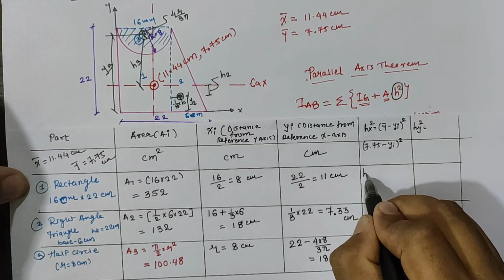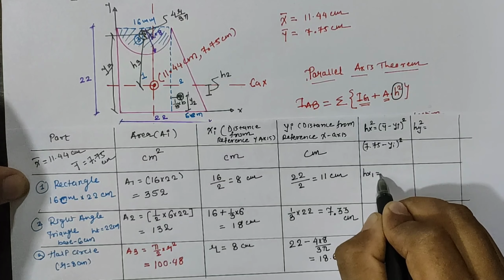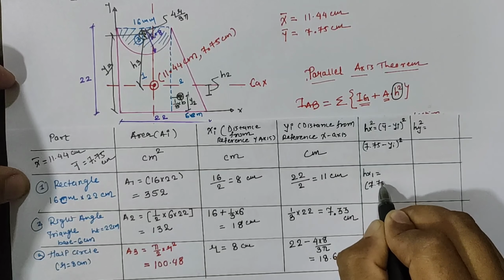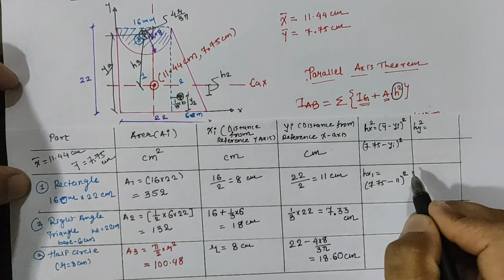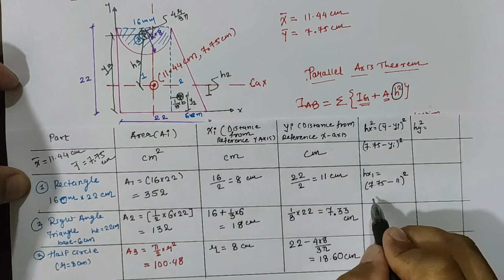So let us calculate the value of hx1 as 7.75 minus 11 square, which is equal to 0.5625. Similarly for hx2, our value is 7.75 minus 7.33 whole square, which is equal to 0.1764.